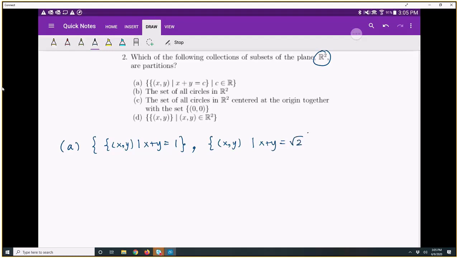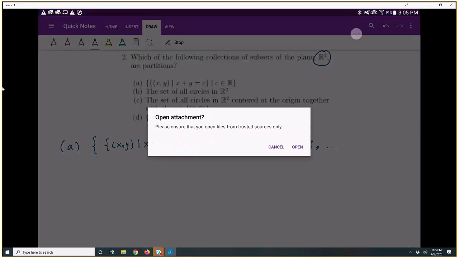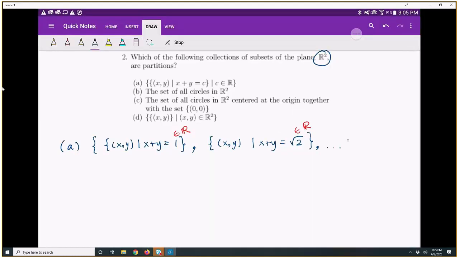That's also a set in this collection because the square root of 2 is a real number. And there are uncountably infinitely many more sets in this collection. But that gives us an idea of what this collection might look like.